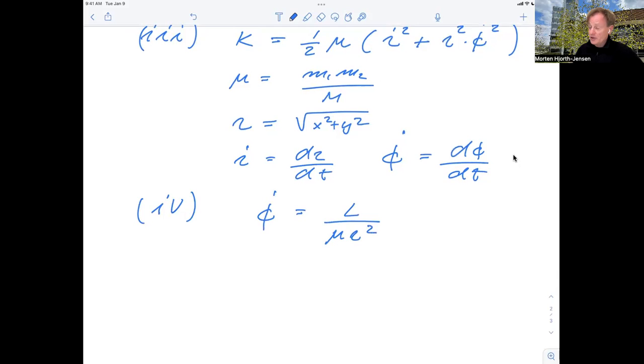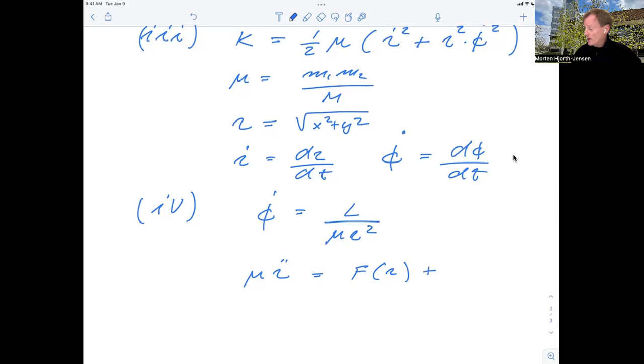Then the other differential equation, which is a second order differential equation in the absolute value of the relative position, is given by the applied force, but now only its r component, plus an artificial term, since we made a transformation to polar coordinates.